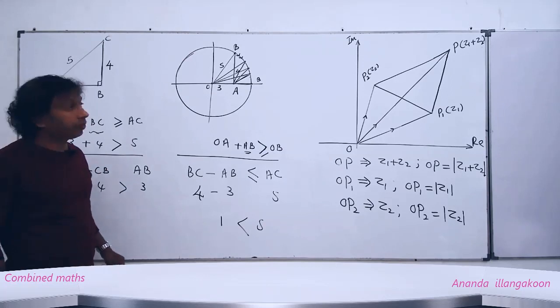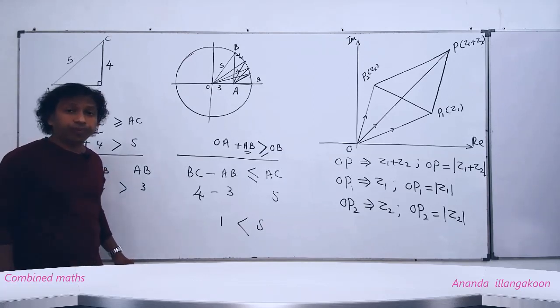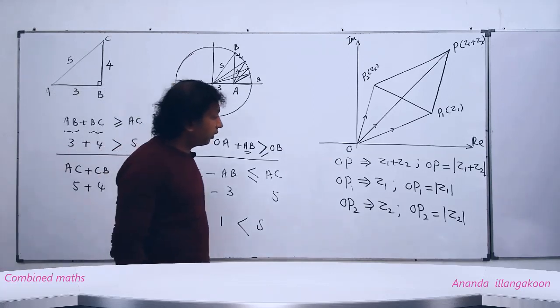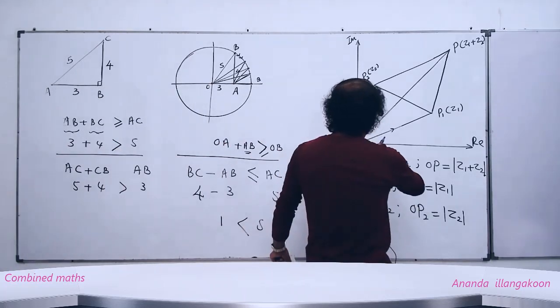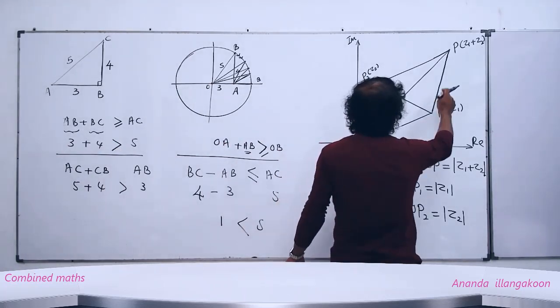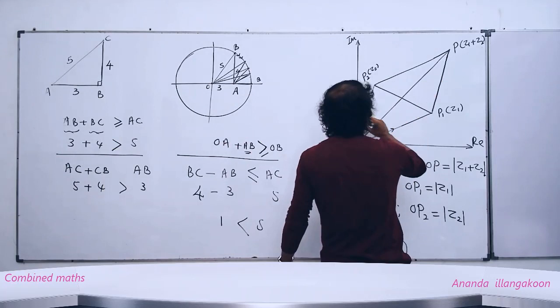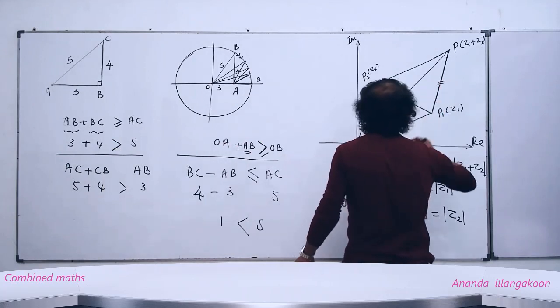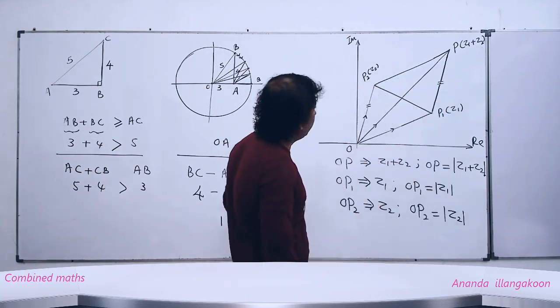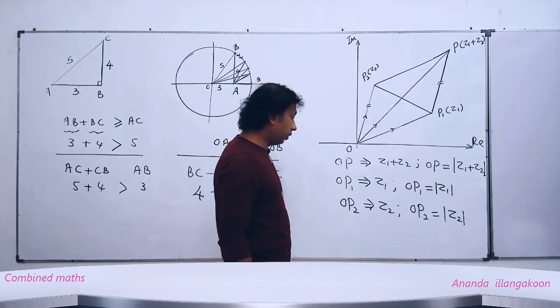Okay. This is how we get the results. Okay, so then from there we start. And here you can very clearly understand this OP1PP2 is a parallelogram. Then this OP2 and P1P are equal.